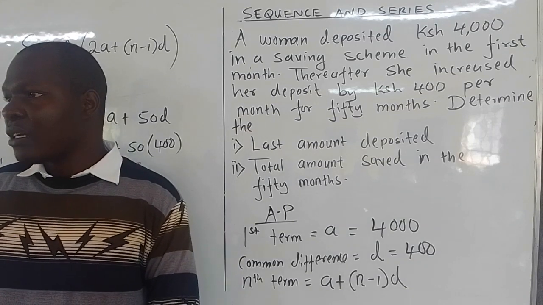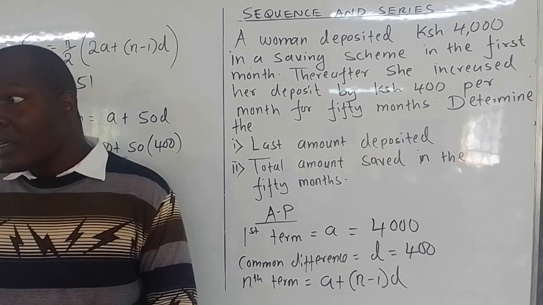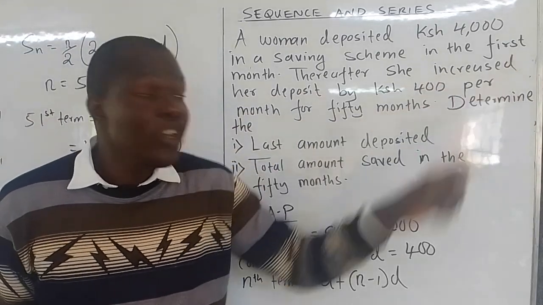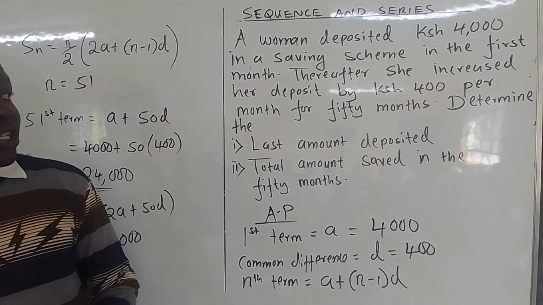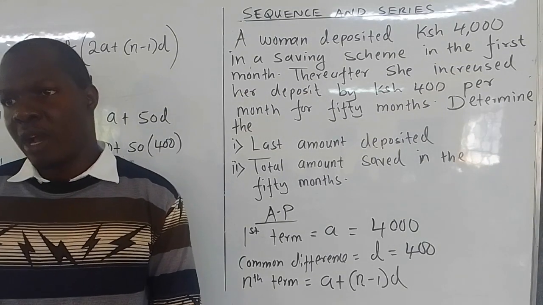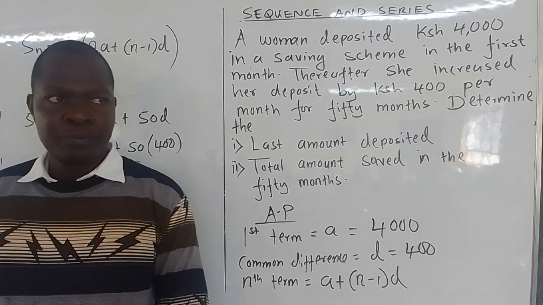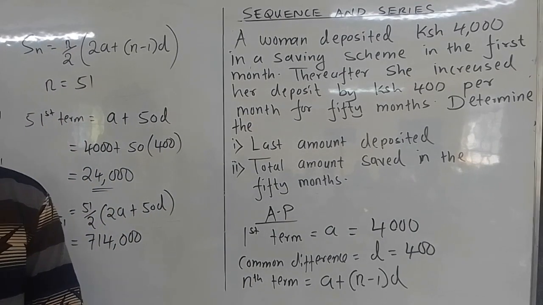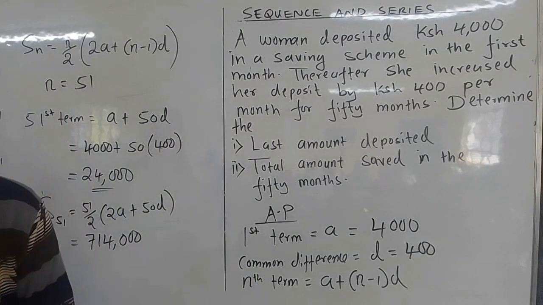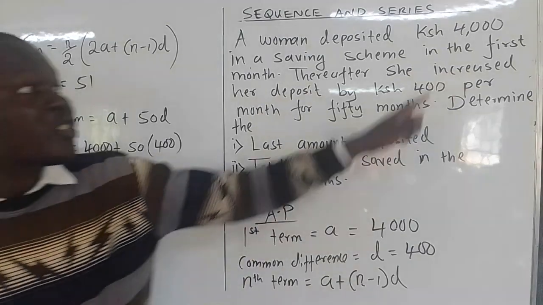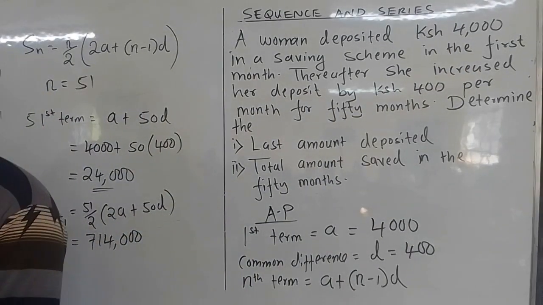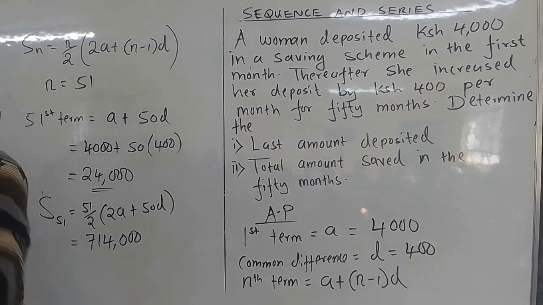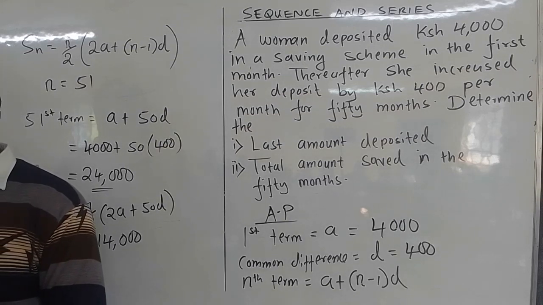Those are two different things. The 400 was an increase. It was not the deposit. Are we together? Good. She ought to have deposited 4,000 constantly, but she's not doing that. She's making an increase of 400 on top of what she deposited in the previous month, isn't it?